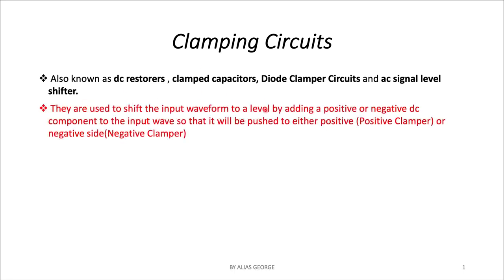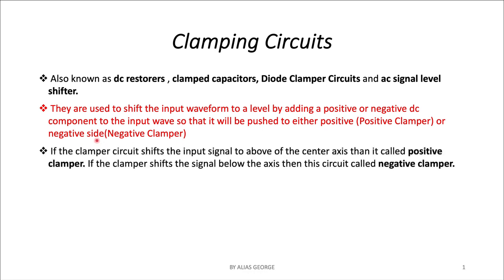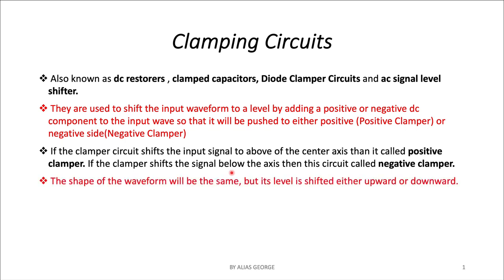So these are all written here. They are used to shift the input waveform to a level by adding a positive or negative DC component to the input wave so that it will be pushed to either the positive side, then it is a positive clamper, or the negative side, then a negative clamper. Same explanation, you can just read it. And one inference we got from that graph is that our input waveform remains the same even after shifting.